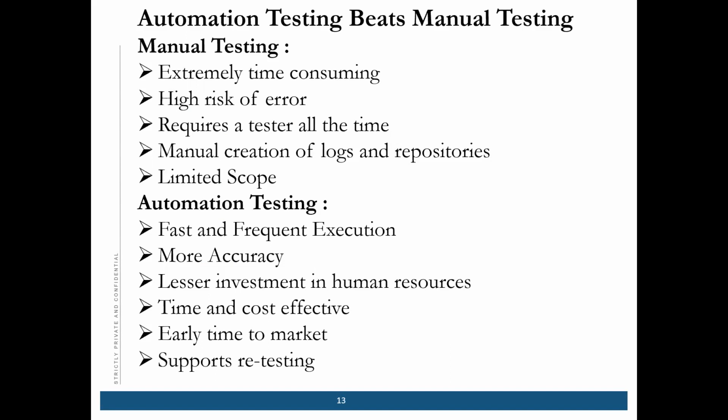What tools are available in the market? Like Selenium, and many others. There are many tools like UFT, LoadRunner, all these tools are available, but in our course we are going to focus on Selenium.